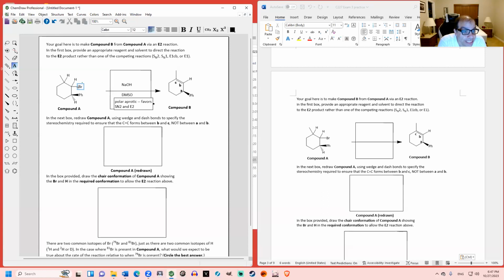Remember that to get an E2 elimination, you need anti-periplanar geometry. That's something we went over in chapter 11, and that's something I expect you to know. You need anti-periplanar geometry. But not only that, we need the bromine to be cis to this hydrogen. Because if the bromine is trans to this hydrogen, then you're going to get the double bond between A and B. So we want the bromine to be cis to this hydrogen and trans to this hydrogen.